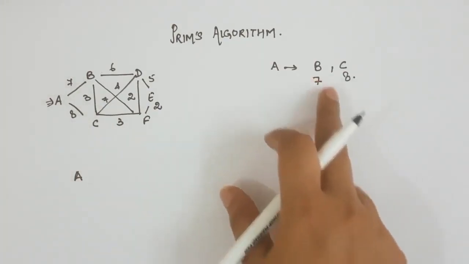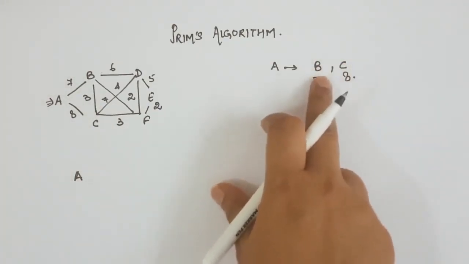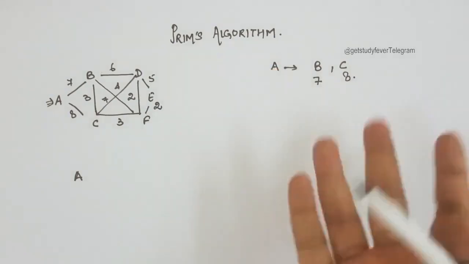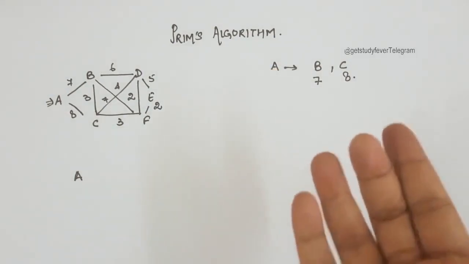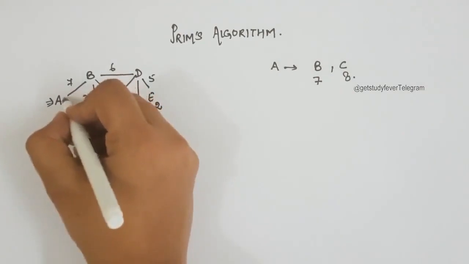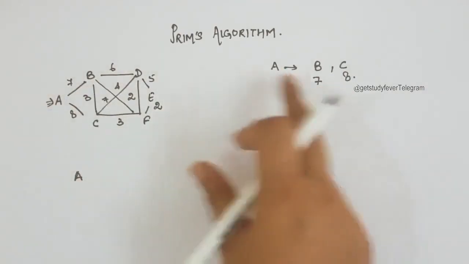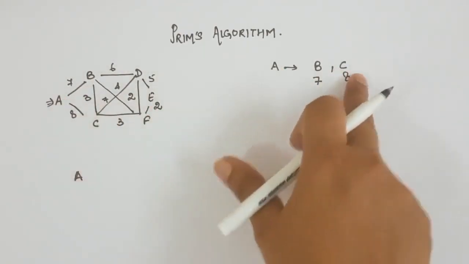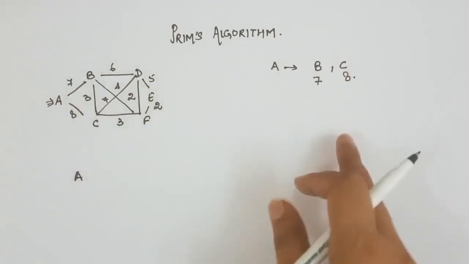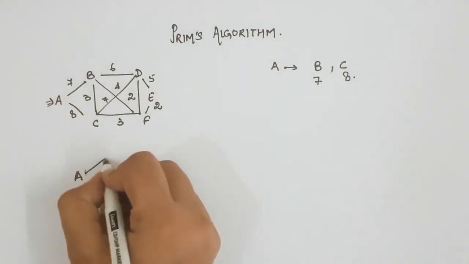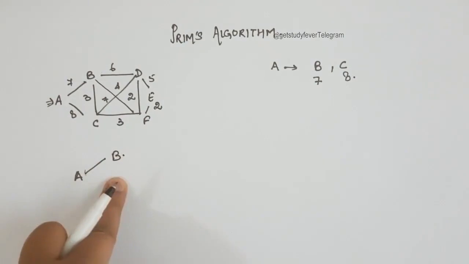So in this case, we have 2 vertices which are reachable from A, and we choose which particular edge has the minimum value. Here I can say that A to B has the minimum value, because obviously A to C has value 8, which is greater than 7. So what will I do? I will include B here, in the minimum spanning tree.